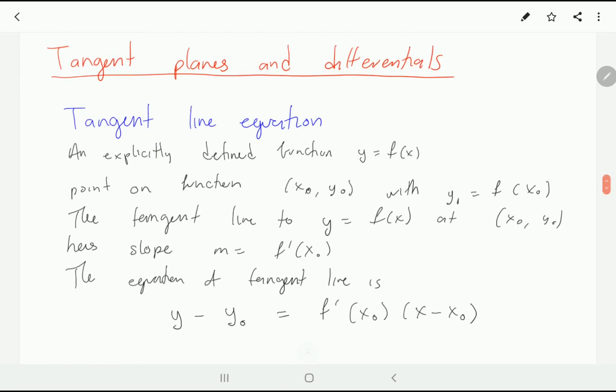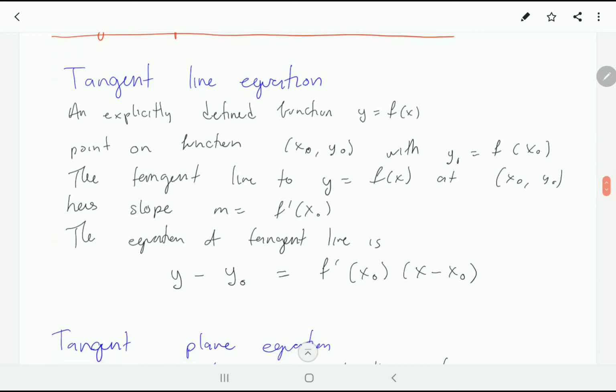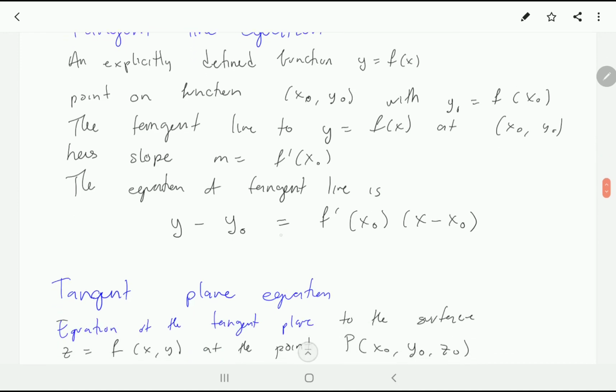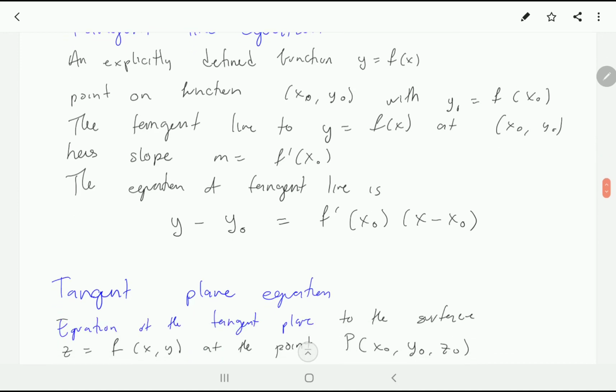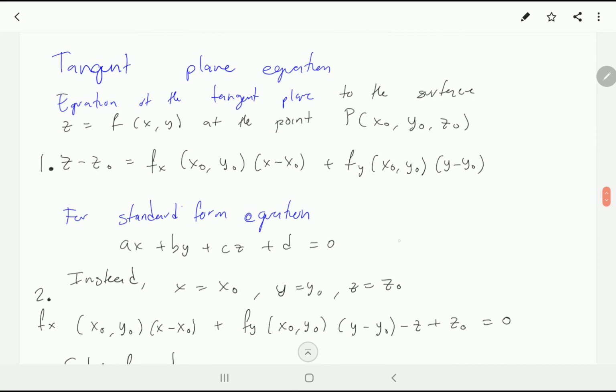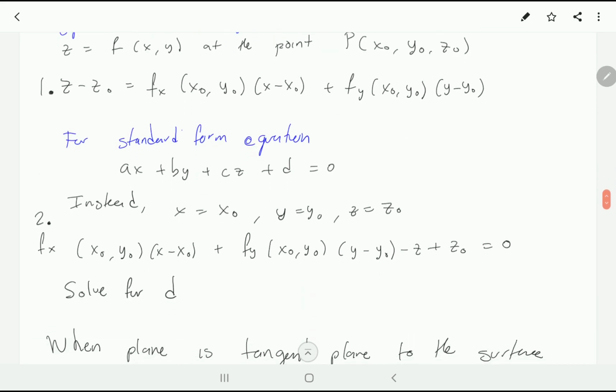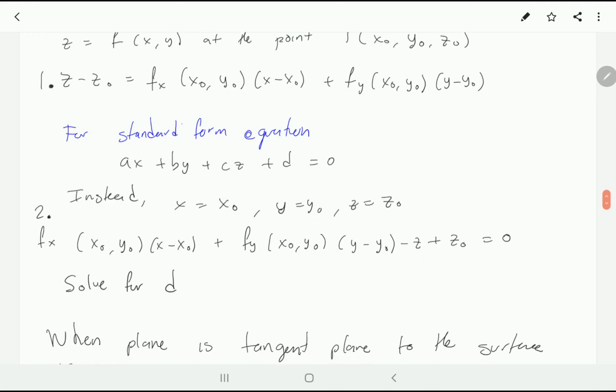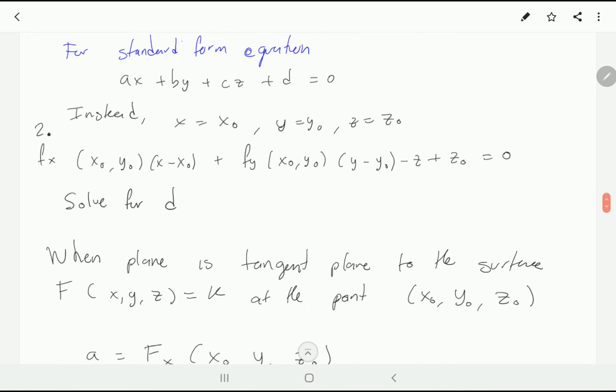Tangent planes and differentials. I have the general equation of the tangent line, and this is the equation in standard form, where you are supposed to solve for d.